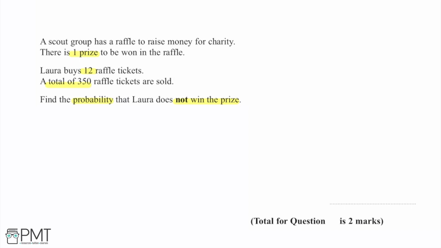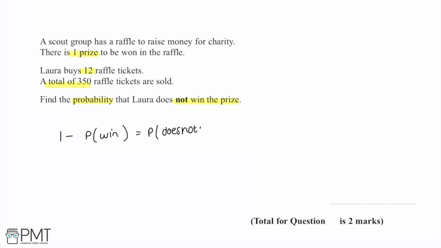So if we want to find the probability that she does not win the prize, we can take this total of 1 and then subtract the probability that she does win the prize, to leave us with the rest of the probability that she does not win the prize.